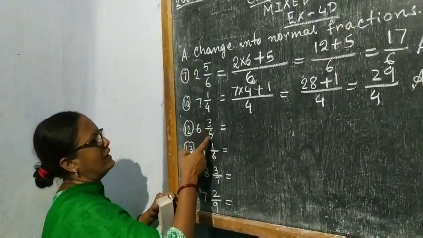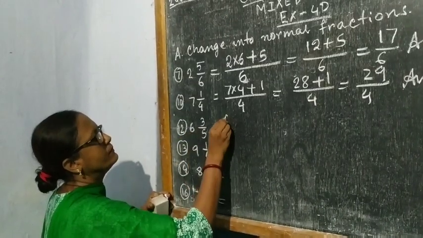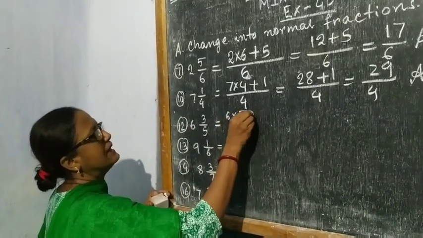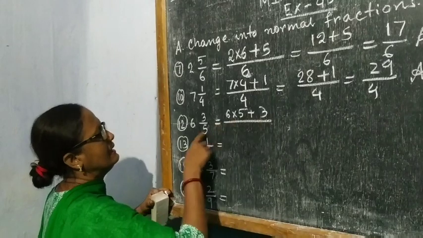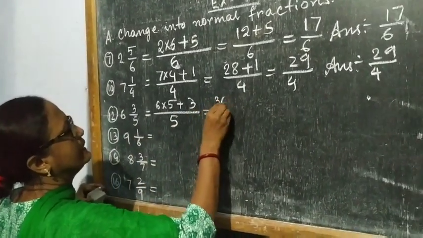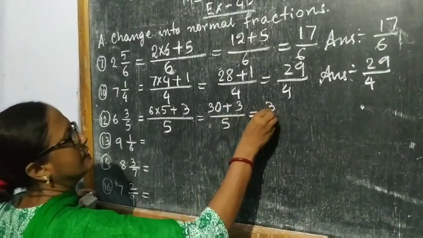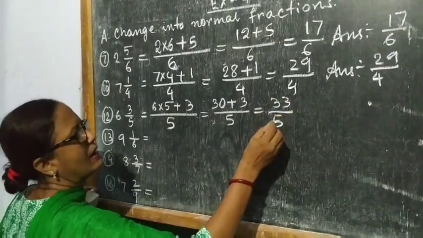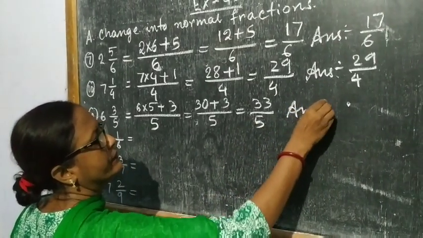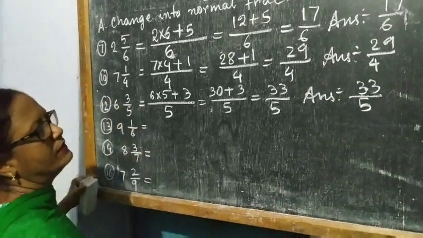Now 6 3 by 5. So it is a mixed fraction. So 6 into 5 plus 3 by 5. So 6 fives are 30 plus 3 by 5 equals 33 by 5. So the answer is 33 by 5.